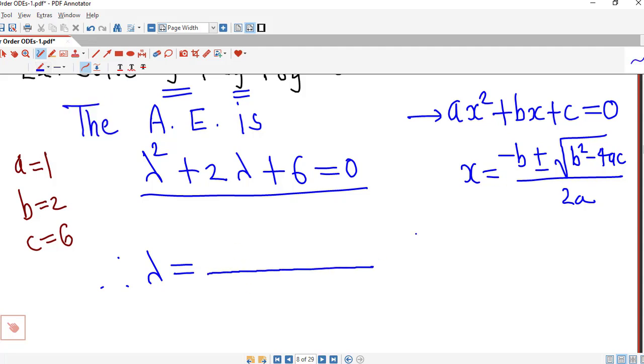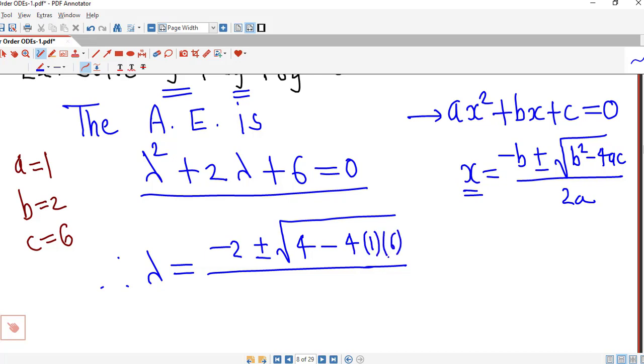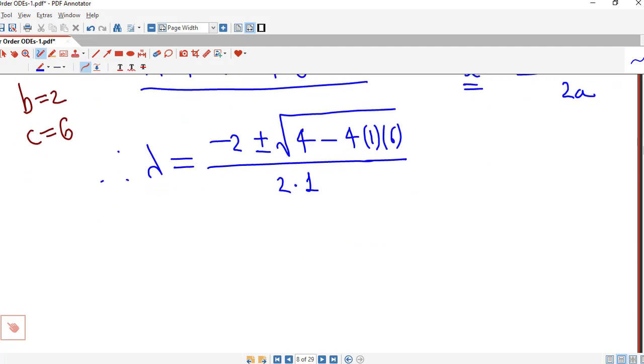So we use this formula. Instead of x we have lambda: minus b means minus 2, plus or minus square root of b square, that is square of 2, minus 4 into a which is 1, into c which is 6, divided by 2 into a, that is 1.